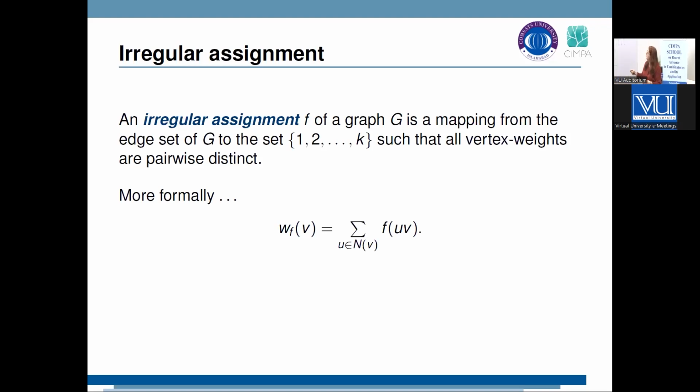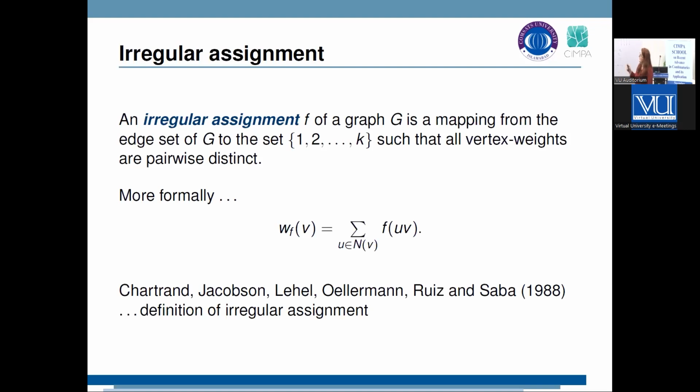When we allow repetition of labels for the edges, we get irregular assignment. This concept was defined by Chartrand, Jacobson, Lehel, Oellermann, and Saba. It's quite an old concept, and a lot is known about it.